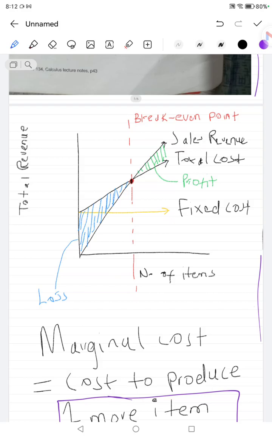Then the region that you see underneath there is where you're going to be making your losses. And this total cost that you see on this side is equal to your fixed cost plus your variable cost.